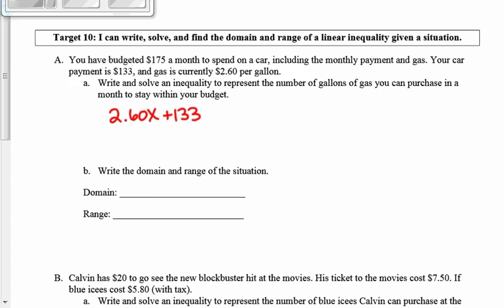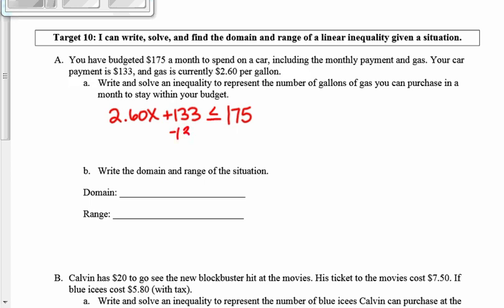Now notice I didn't write y equals here because we're talking about a situation where we have a budget. So this is the amount we're going to spend per month, and it has to be less than or equal to that budgeted amount. If you look at the first statement, it says that has to be less than or equal to $175. So now we're going to solve this inequality like we did earlier in the unit.